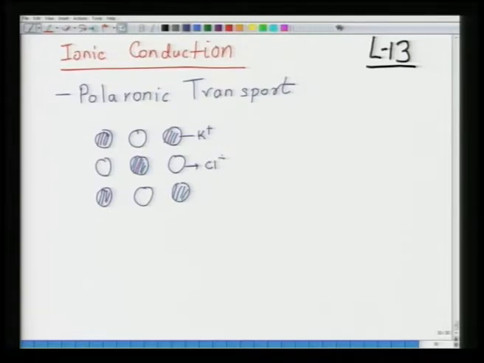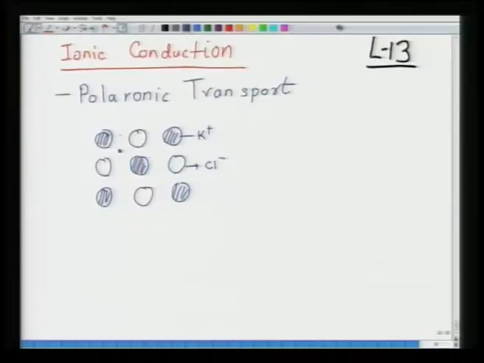Now, suppose you have an electron somewhere here. When you have an electron which is localized to the lattice, this electron pulls these ions towards it, and it pushes the positively charged ions away from it. So in the end you have a distortion.